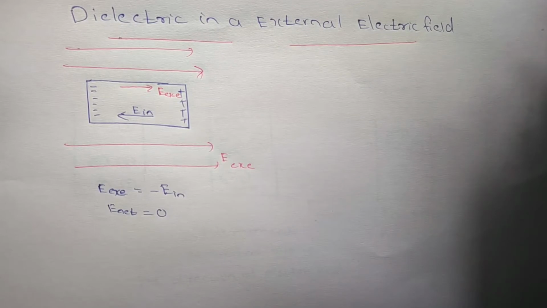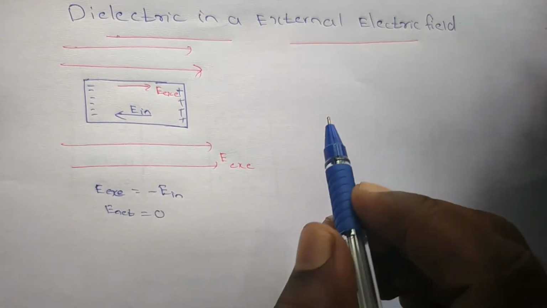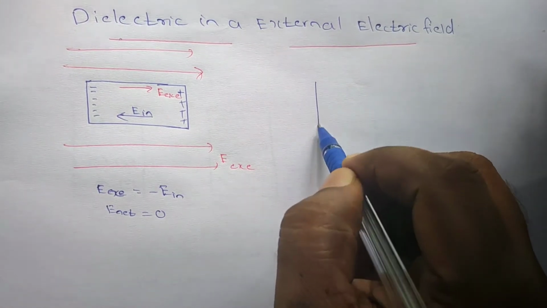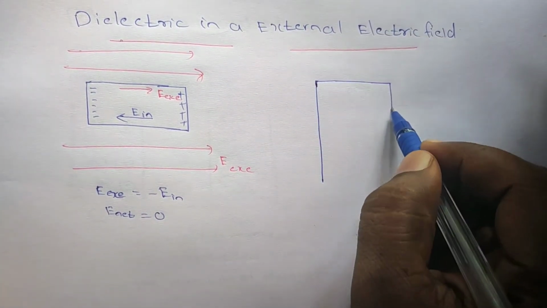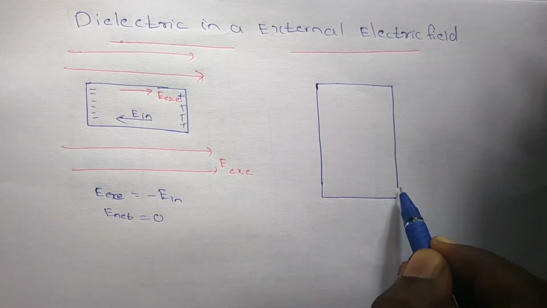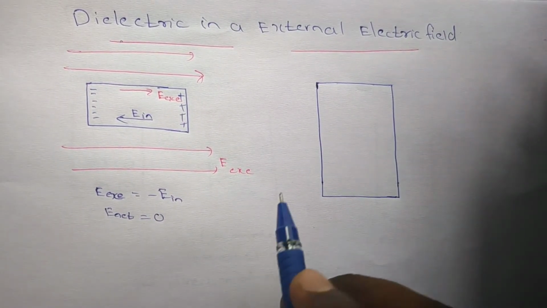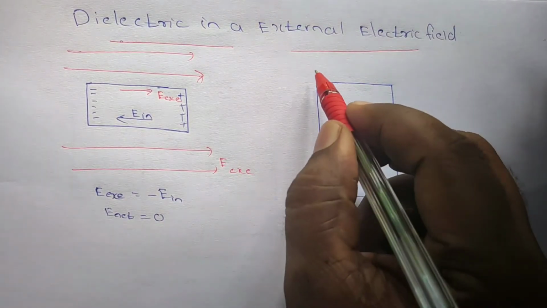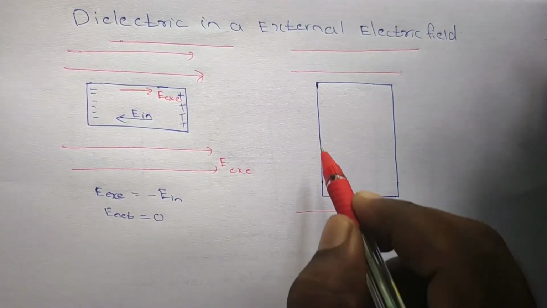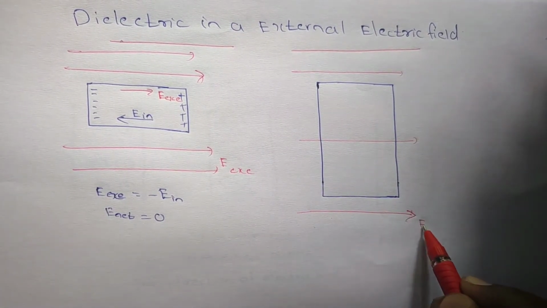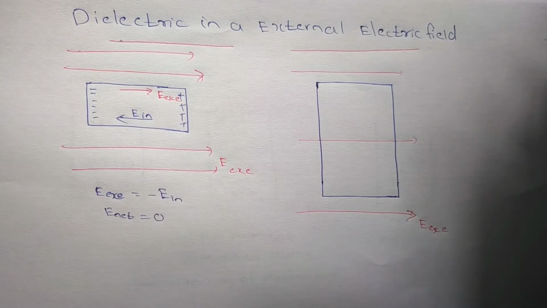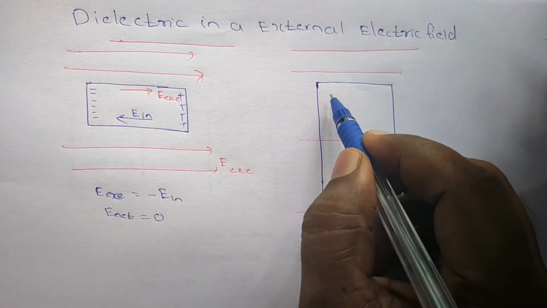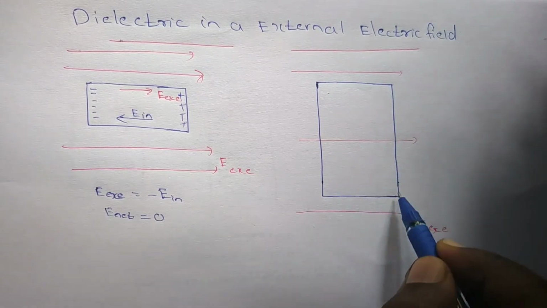Now we will see what happens in the case of a dielectric. We already studied that in a polar or non-polar dielectric, when the external electric field is applied, there is a formation of a net dipole moment. Here is the external electric field, and this is a dielectric slab.